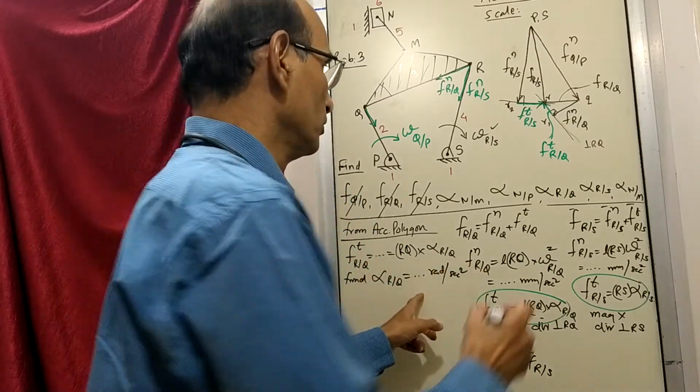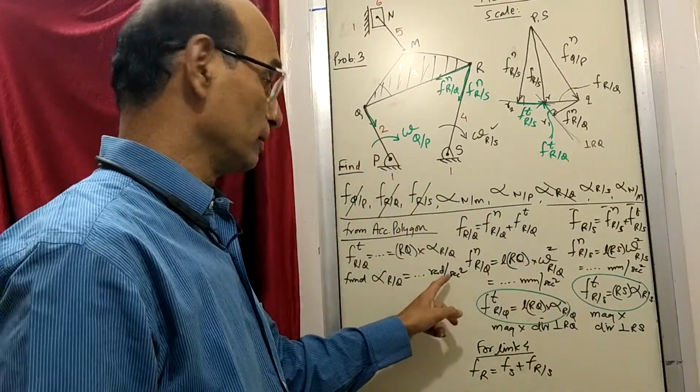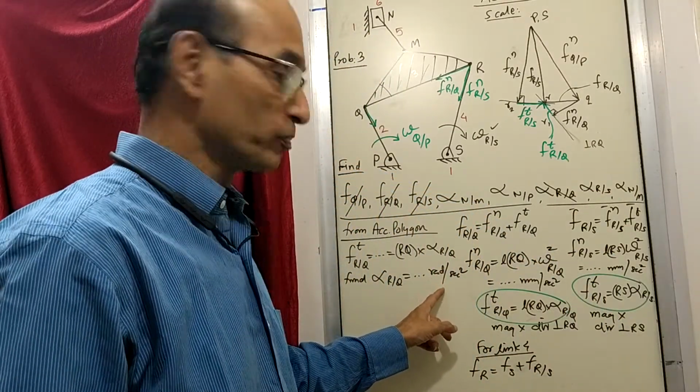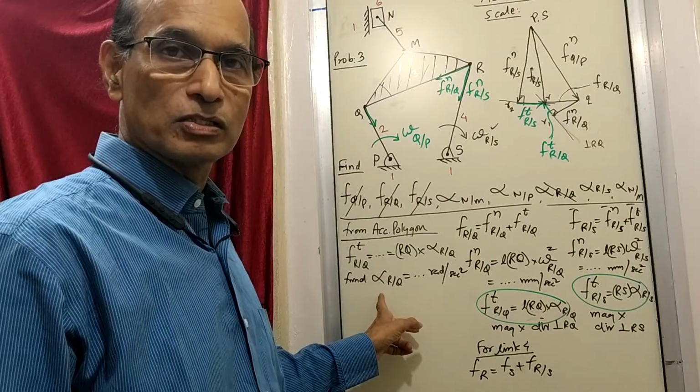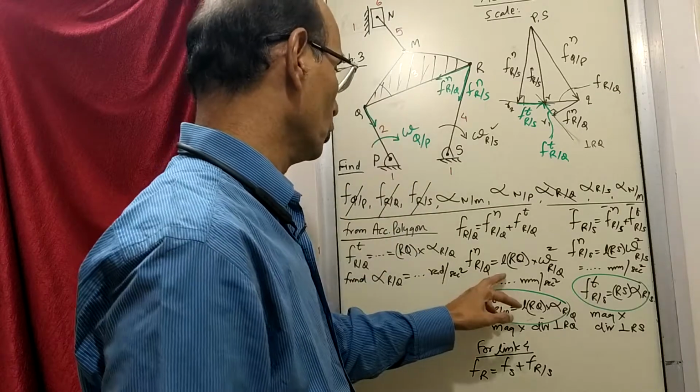Alpha you can find out, that is this, and the unit is radians per second square. Now this is angular acceleration, so we should know the direction. So what is the direction of r with respect to q?